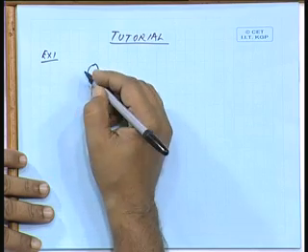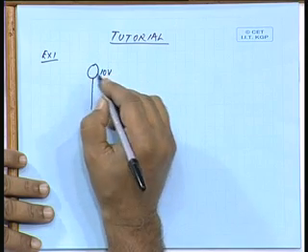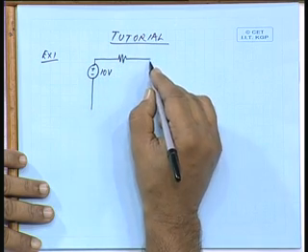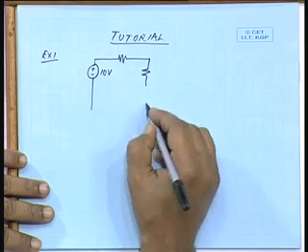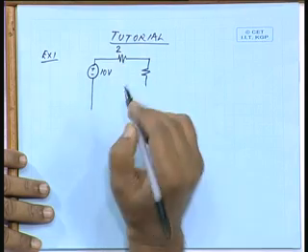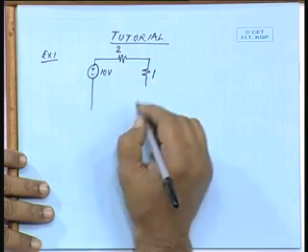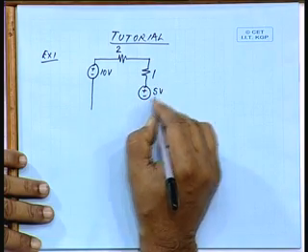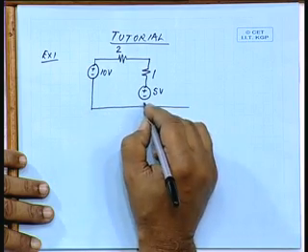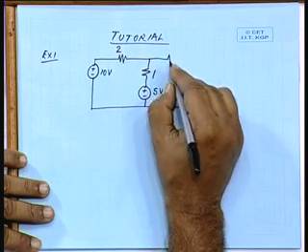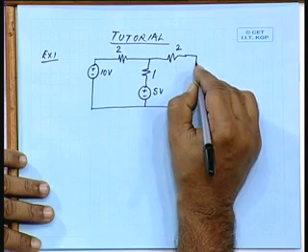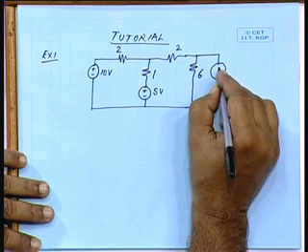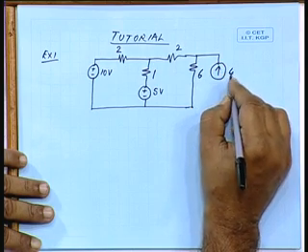You are having a voltage source of 10 volts connected through a resistor of 2 ohms, this is 1 ohm, then again you are having another source of 5 volts, then 2 ohms, 6 ohms and a current source at this end of 4 amperes.